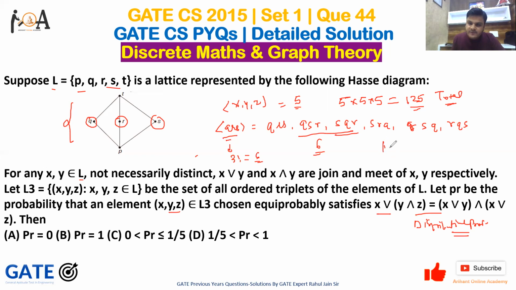So 125 minus 6 is 119, and the total is 125. So the probability is 119 divided by 125. This is less than 1 but greater than 1 by 5. So option D is the correct answer for this GATE question.